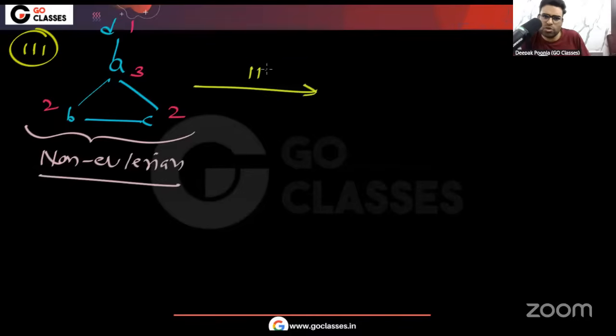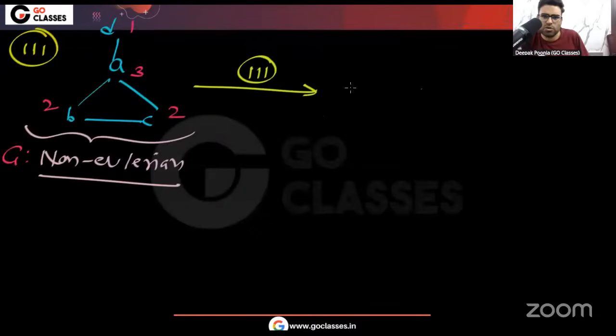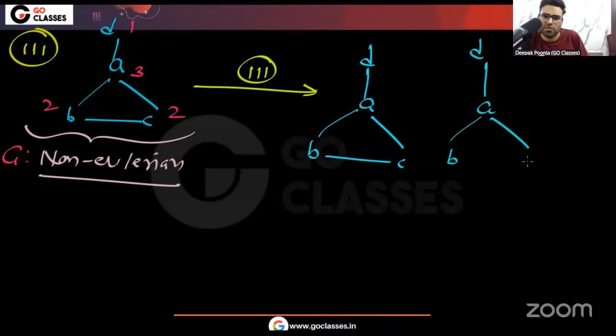Okay, now what the third solution is saying, this is your graph G, remember? The third solution is saying that you create a new copy G dash of G. So G is already there like this. And what you do, you create a copy of G. This G dash copy you are creating.